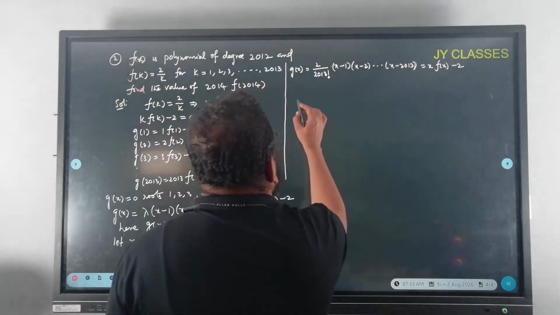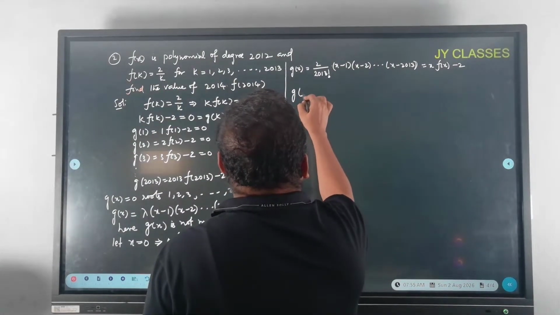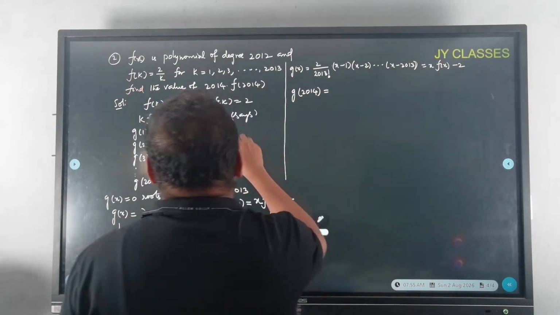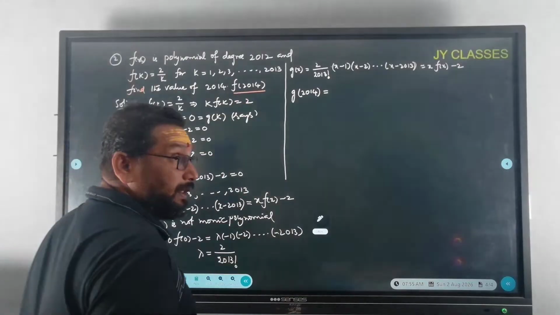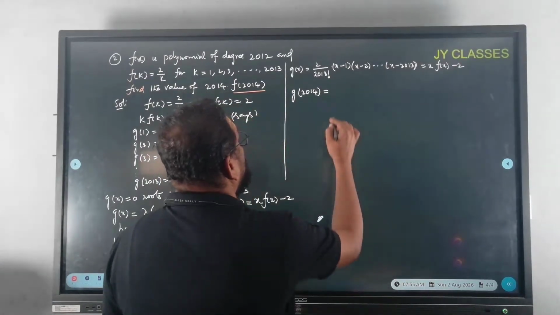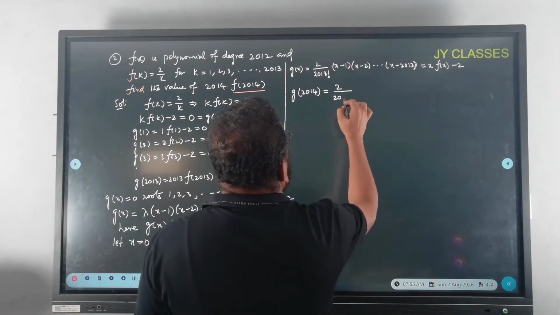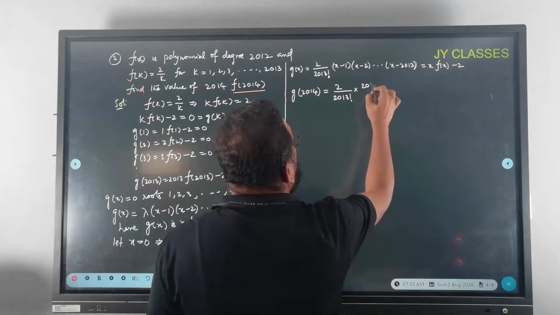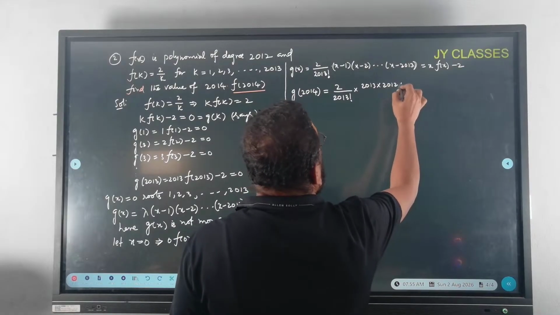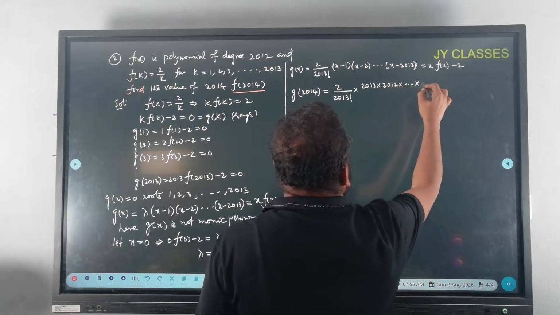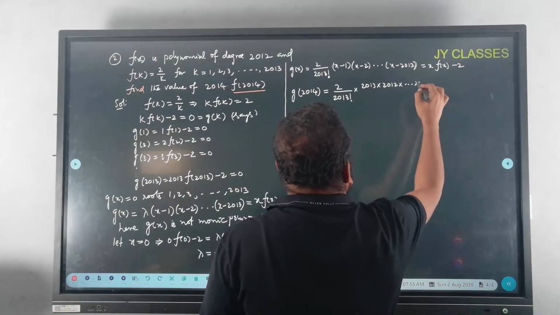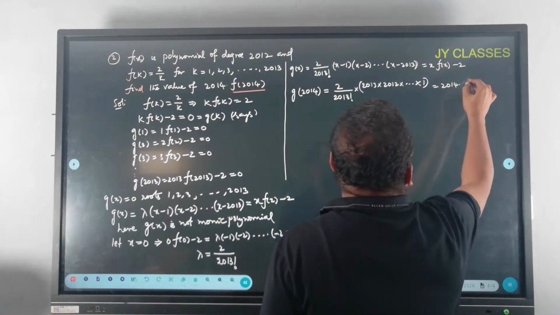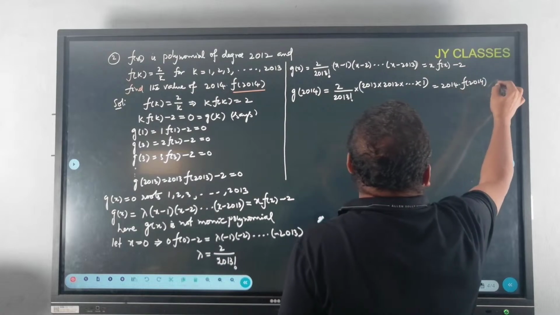Now observe carefully. Take g of 2014, because we have to find f of 2014. So g of 2014 is 2 by 2013 factorial into 2014 minus 1, 2013, into 2012, and so on, into 2014 minus 2013, 1, is equal to 2014 into f of 2014 minus 2.